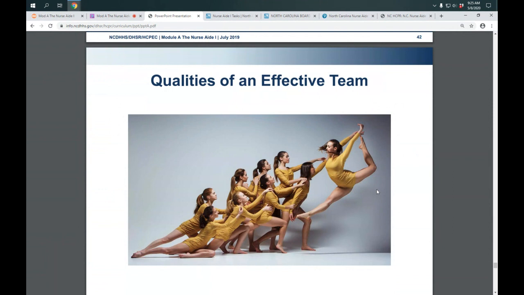It's informal and comfortable, relaxed. Members are interested, they're talking. Communication is open, it's two-way, ideas and feelings are encouraged. The interactions between the team members are inclusive and trusting. People like each other and like working together.